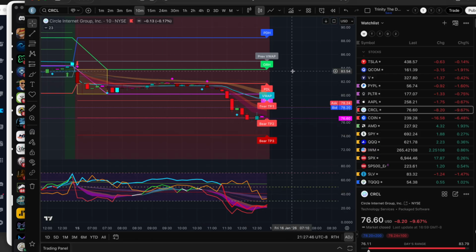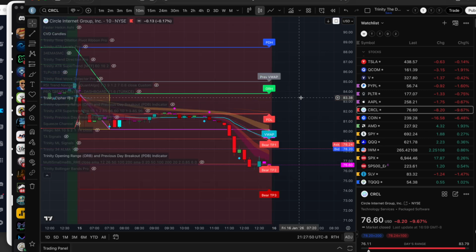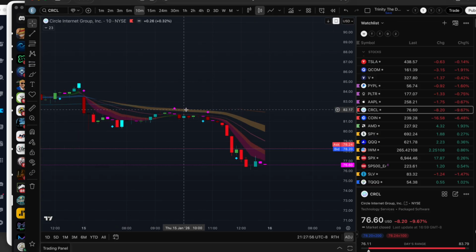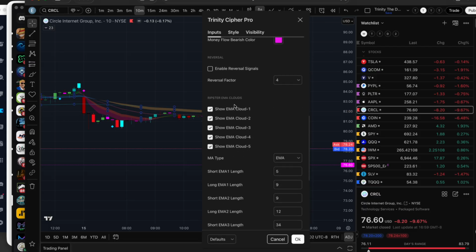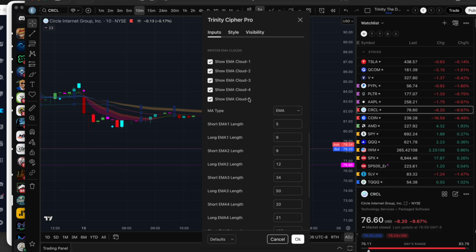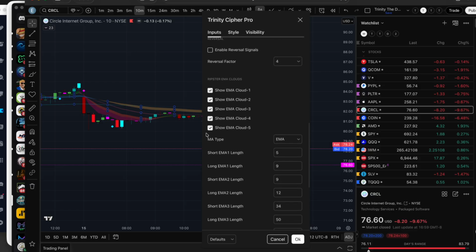So I'm going to go back up here for a second, and I just want to show here in the background we've got our EMA ribbons. These EMA ribbons are best on these settings here, and we go from a 5 EMA all the way to a 200 EMA, and we can turn these off if needed as well.